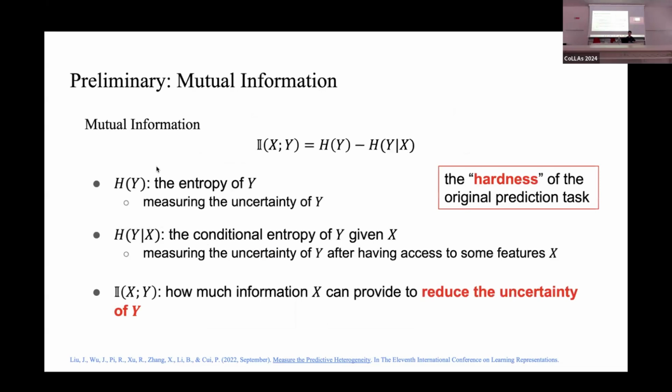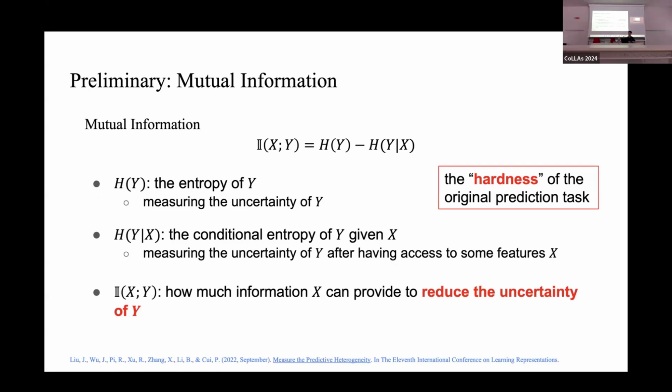Here we give some preliminaries about mutual information. Mutual information captures how much uncertainty could be reduced after we have the information of covariate X to predict Y. Here, H(Y) denotes the entropy of Y, which measures the uncertainty of the variable Y. H(Y|X) denotes the conditional entropy of Y given X, which measures how much uncertainty is left after we have access to some feature sets.